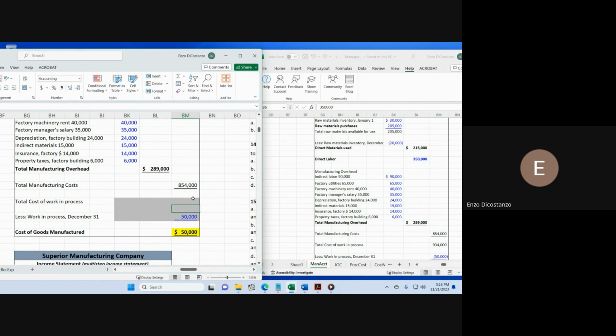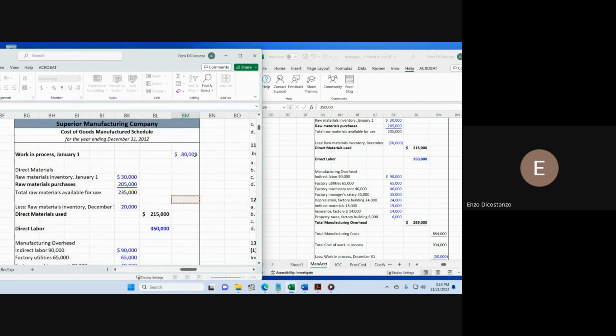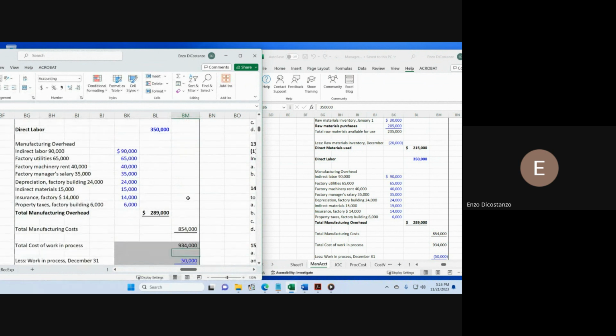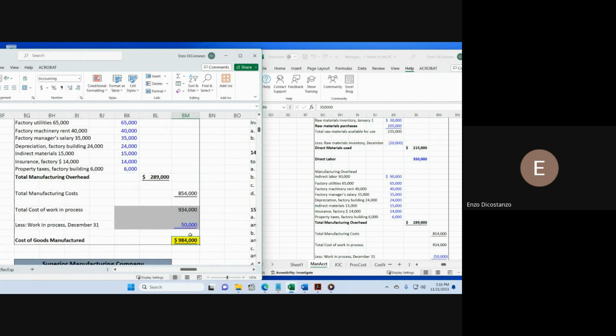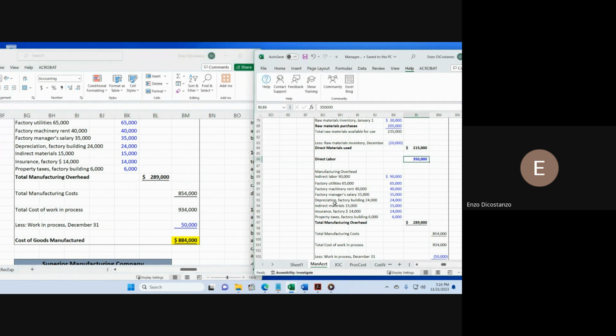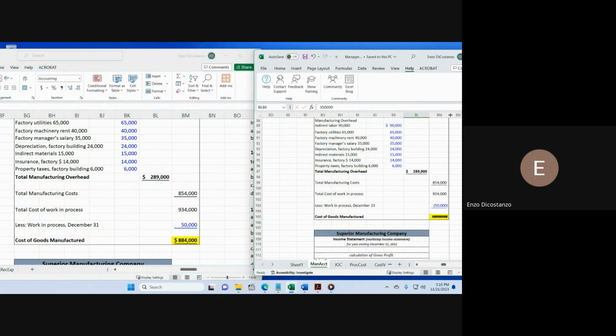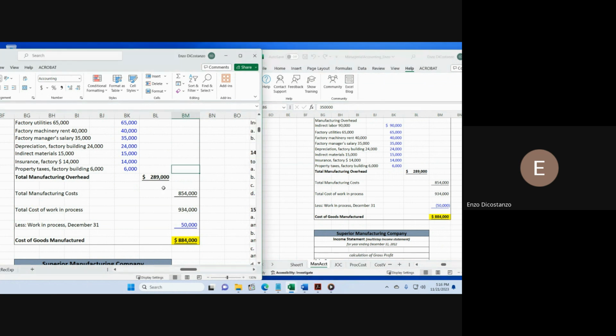So the total cost of work in progress is 854 plus 80,000. Okay. And this is just going to be total work in progress cost minus 50,000. That's 884.